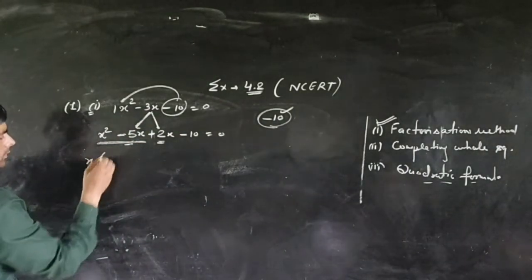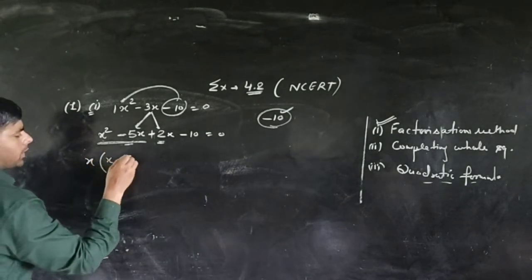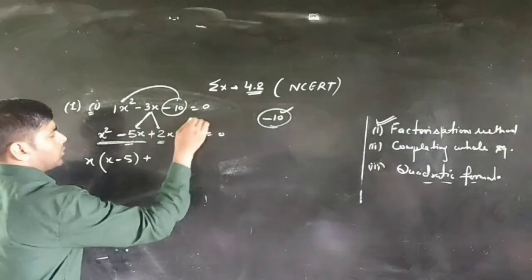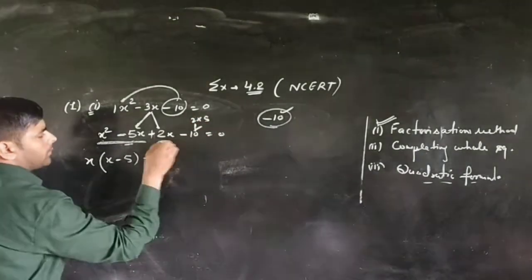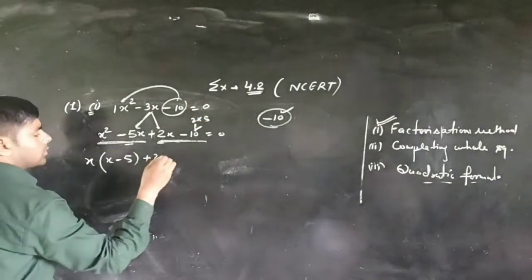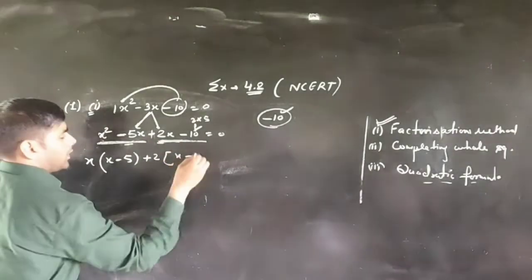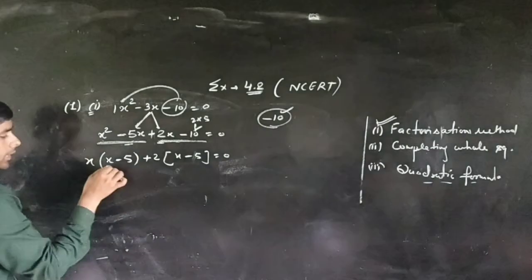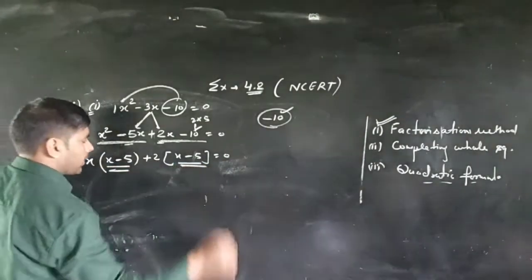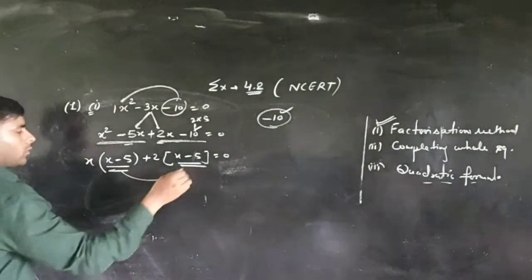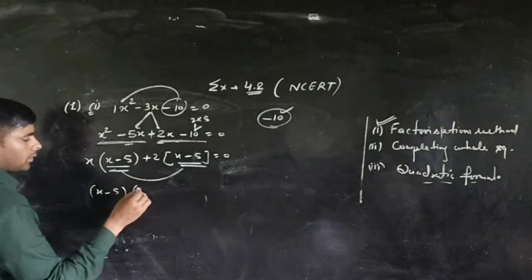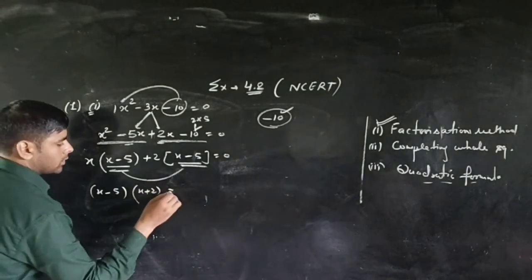Now from here x is common, x minus 5. From here you can write 10 as 2 into 5, from here 2 is common, and here x minus 5 equal to 0. X minus 5 here and x minus 5 here also, taking out common: x minus 5 times x plus 2 is equal to 0.